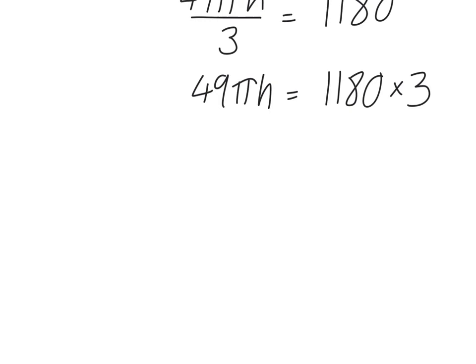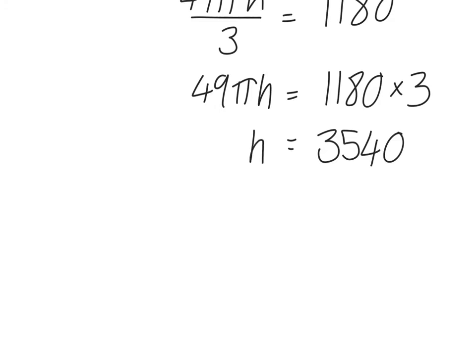1180 times 3 is 3540. We have 49 pi h on the left hand side, and we want h on its own.